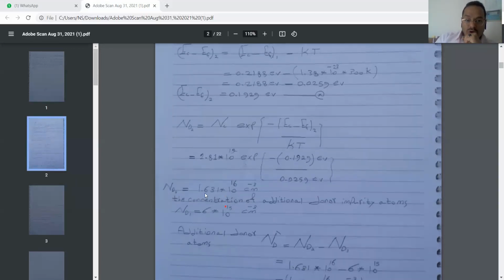Now we know the result, ND2 equals 1.631 exponential 16, and the unit is actually centimeter to the power of -3. Like I said before, for the additional donor atoms, ND prime, this is my favorite way.